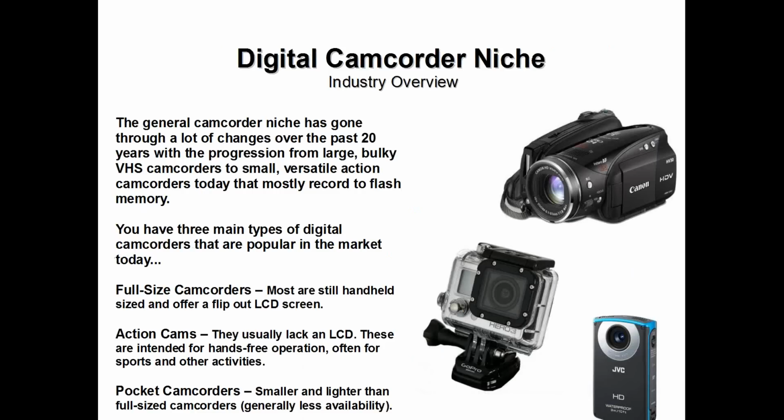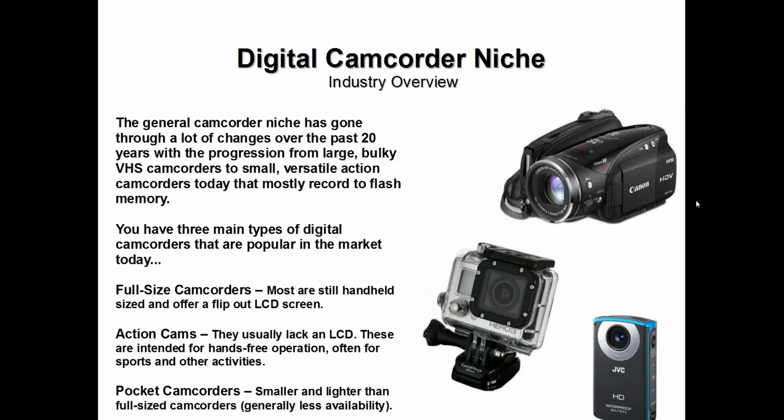So with these digital camcorders, which is what I'm covering in this particular training class, you basically have three different types. You have your full-size camcorders. These are typically all handheld for the most part, and they offer a flip-out screen, something like what you see up at the top here in this first picture.